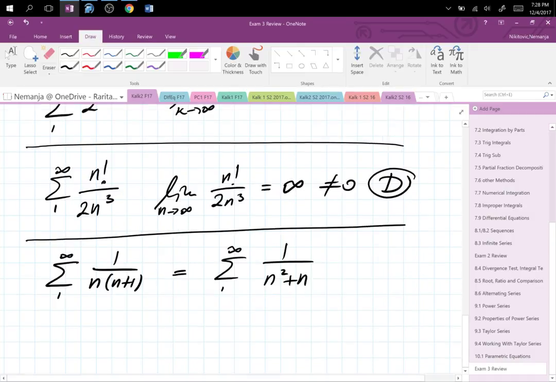So what should we do? See, I didn't do the standard thing. Comparison, very good. Bn is 1 over n squared, summation 1 over n squared converges by p series.